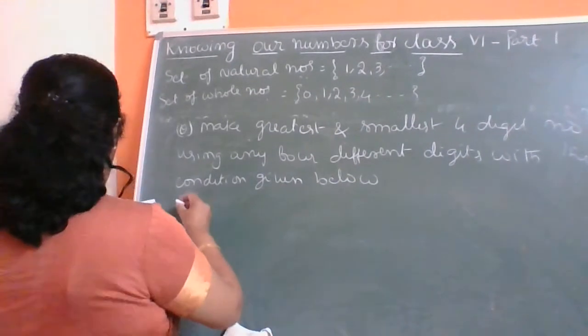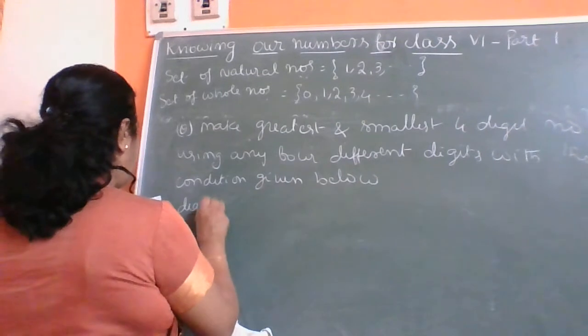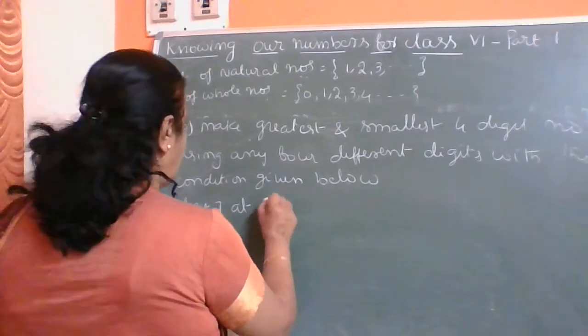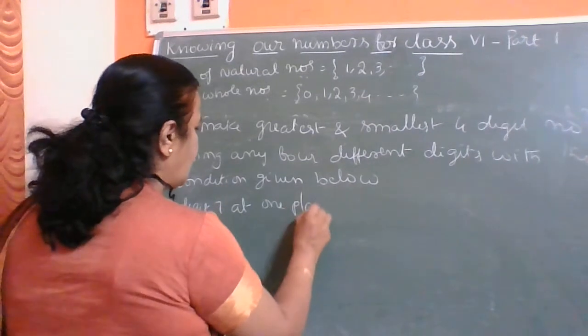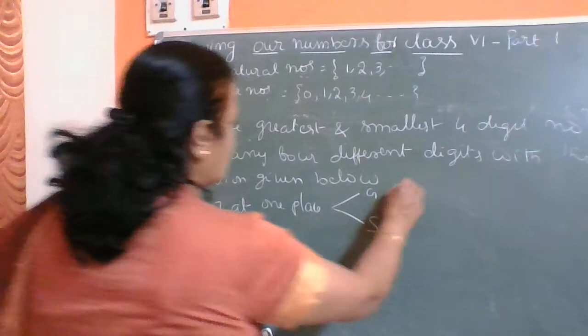First one is digit 7 at ones place, and you have to make the greatest and the smallest.